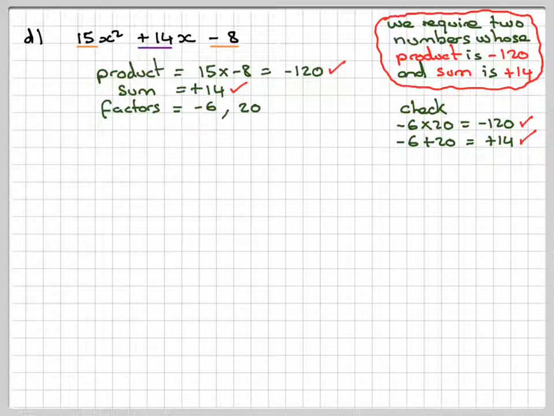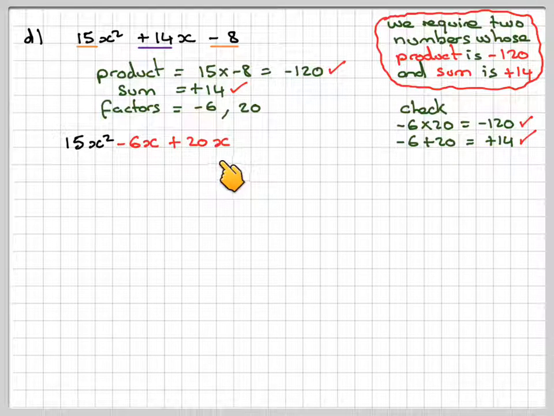So now you take the expression, write down the first term, which is 15x squared, and split the middle term up into minus 6x and 20x. You can put these in any order, it doesn't really matter. I'm going to put minus 6x plus 20x, and then you put down the last term, which is minus 8. I haven't changed the meaning of the expression because I still have plus 14x in the middle when I sum these together.